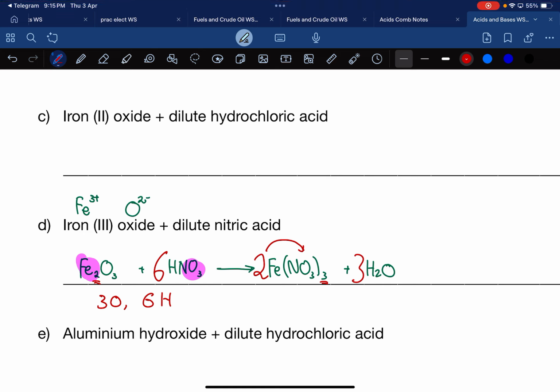Then I have 1 plus 4 minus, 2 minus times 2 is 4 minus. That's not what you're short of. You're short of positive charge.